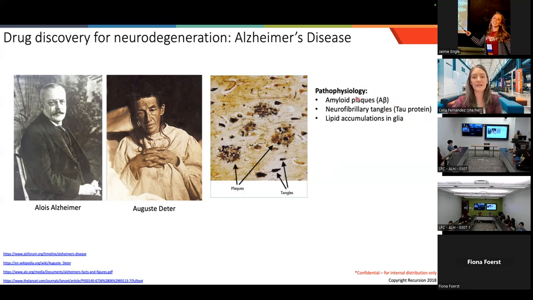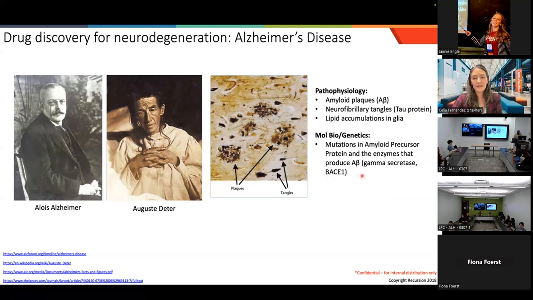Researchers later found that the plaques were composed of a peptide called amyloid beta, and that the neurofibrillary tangles were composed of misfolded tau protein, a cytoskeletal protein. The lipid accumulations, we're still figuring that out. And so I think in the 80s and 90s, molecular biology and genetics techniques identified mutations in amyloid precursor protein and the enzymes that produce amyloid beta from this precursor protein.